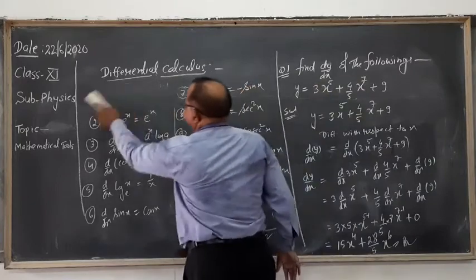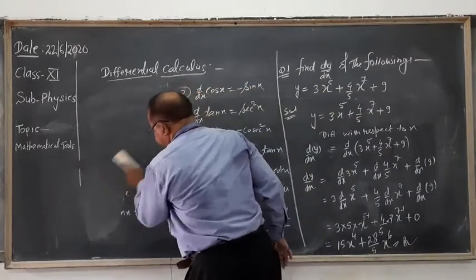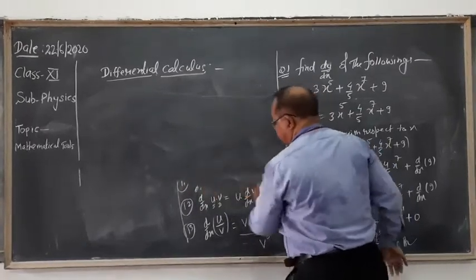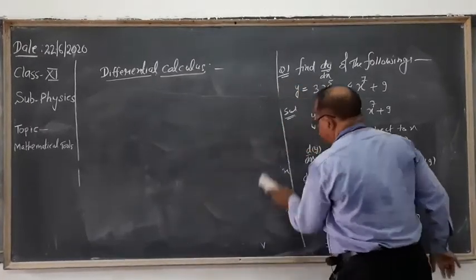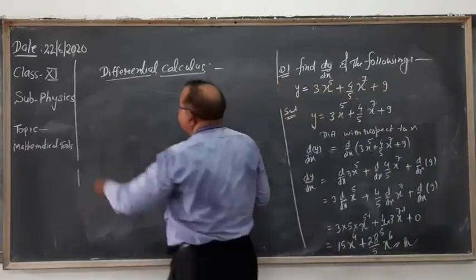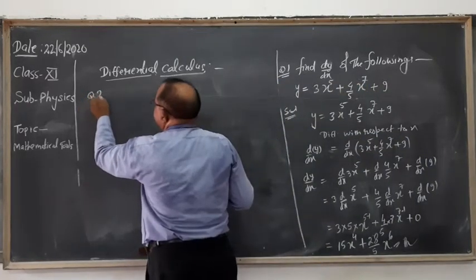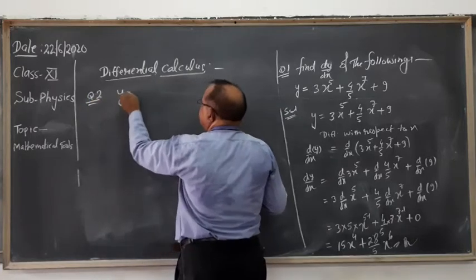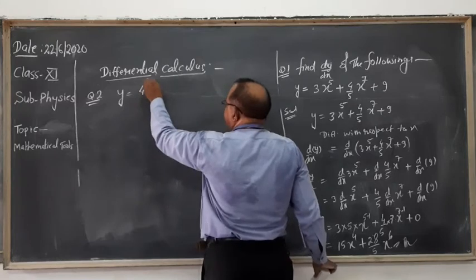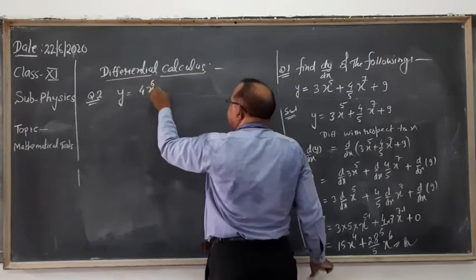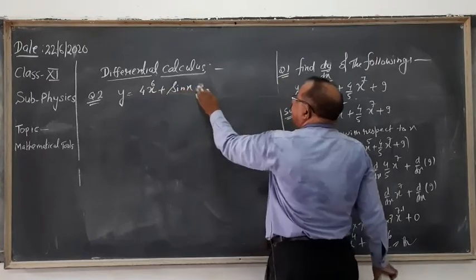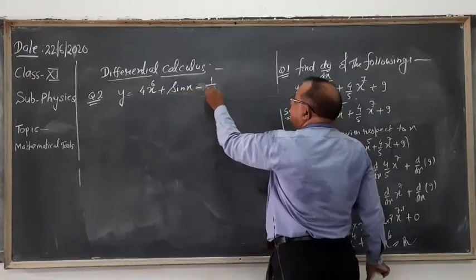Now, I am taking some other question. Question number 2. y equals 4x to the power 6 plus sin x minus 1 upon x.